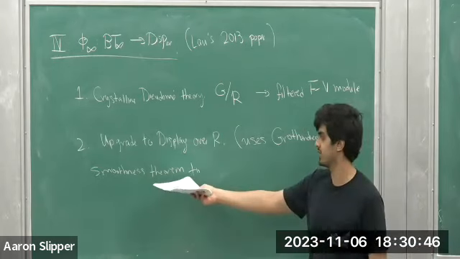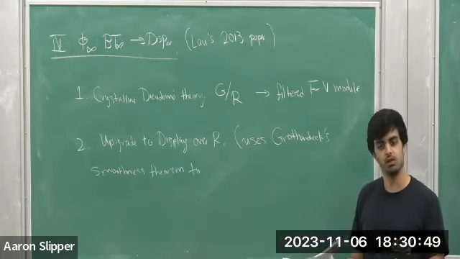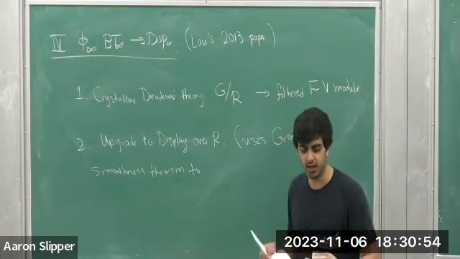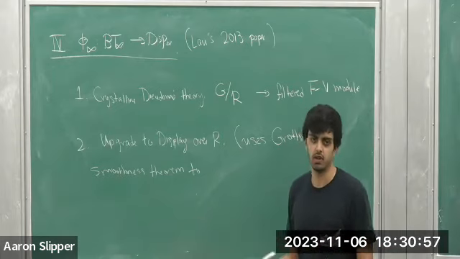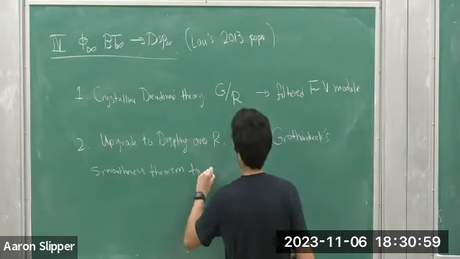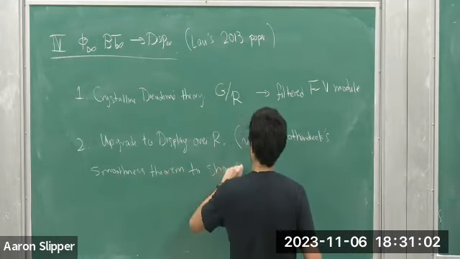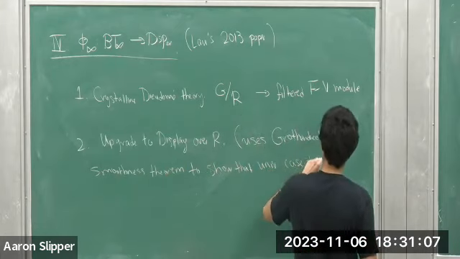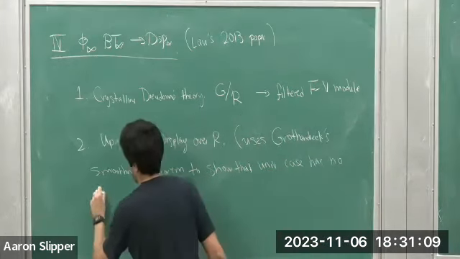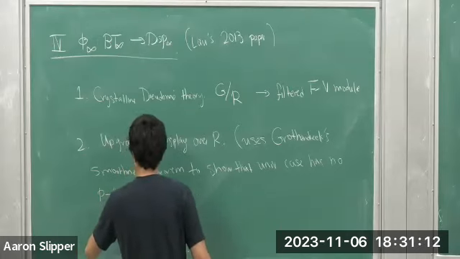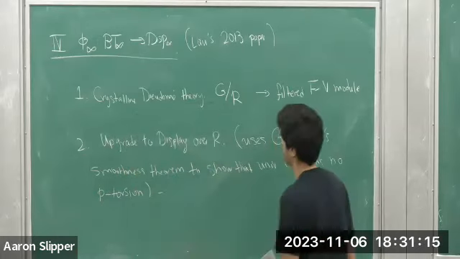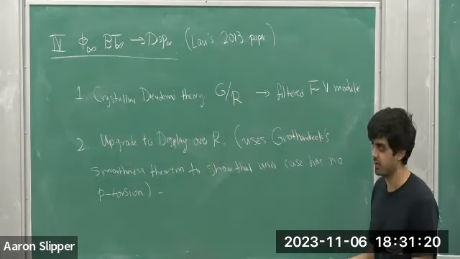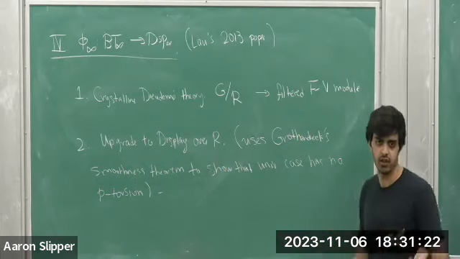And what Grothendieck's smoothness theorem lets you do is argue that the universal case will have no p-torsion because you can present the stack by some reduced scheme. And it's not so hard to go from filtered FP modules to displays canonically in the presence of no p-torsion because you can just divide.